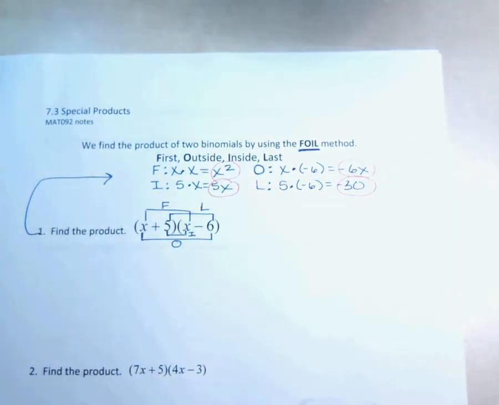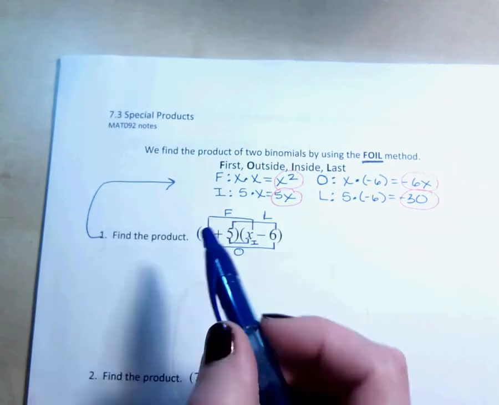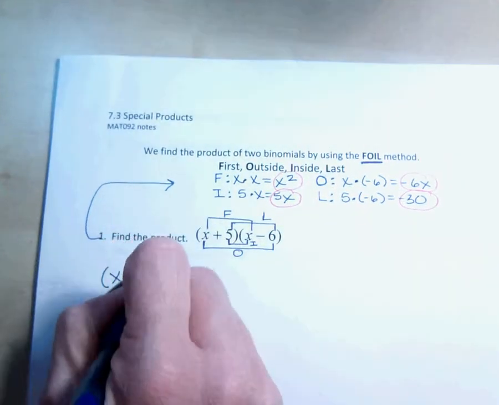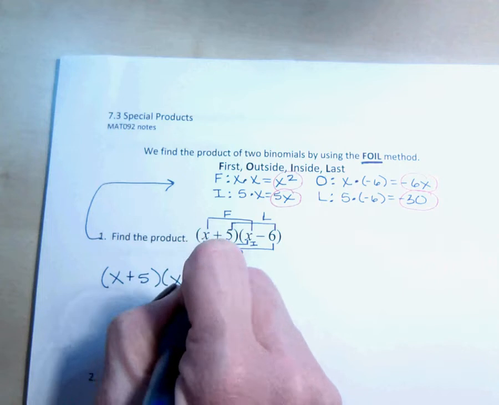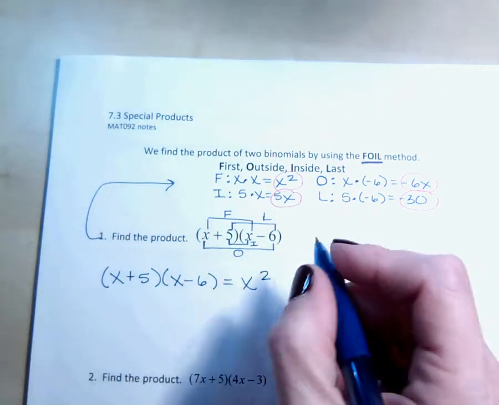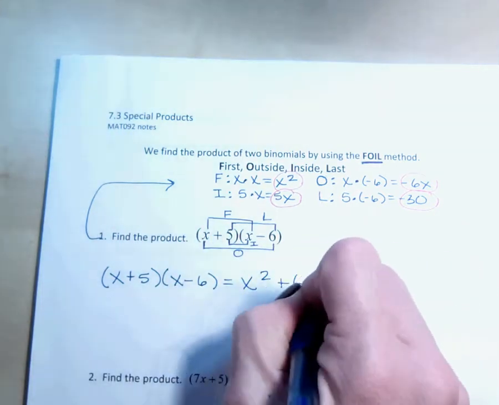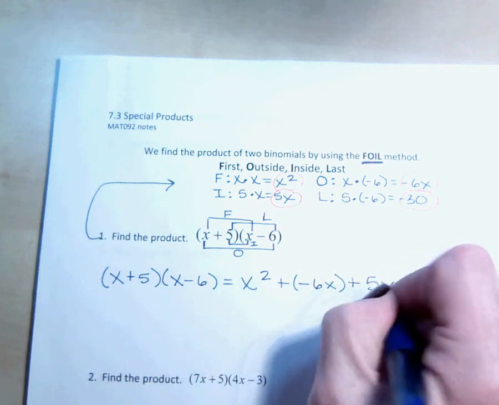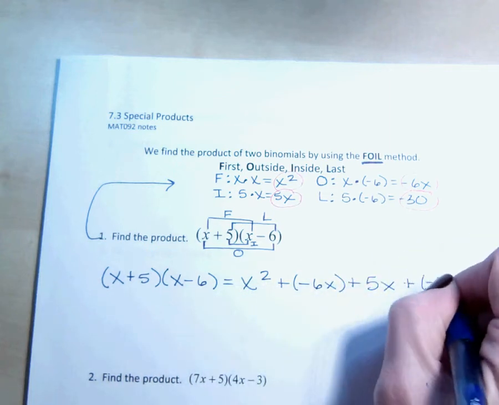Now what we do is we put them all together. So to find the product, we say that x plus 5 times x minus 6 equals x squared plus negative 6x plus 5x plus negative 30.